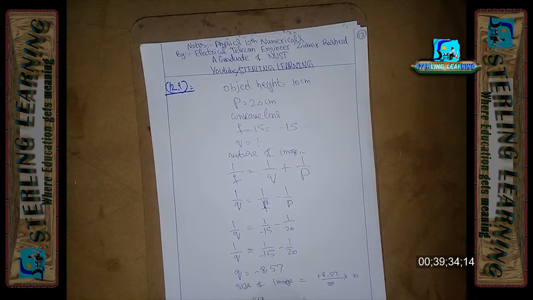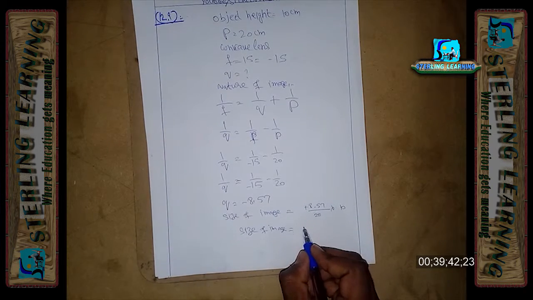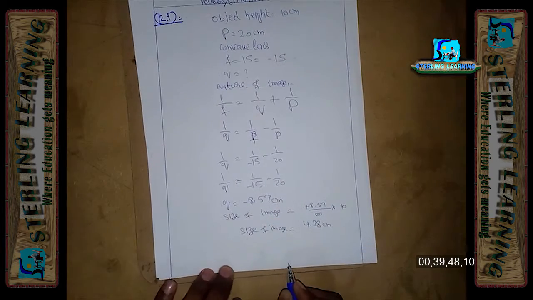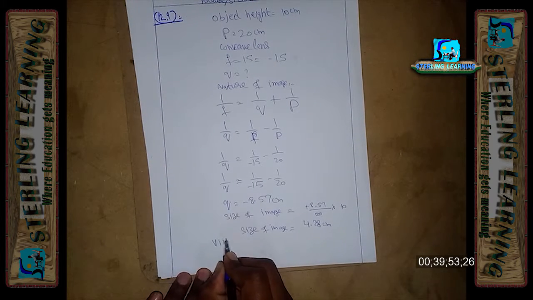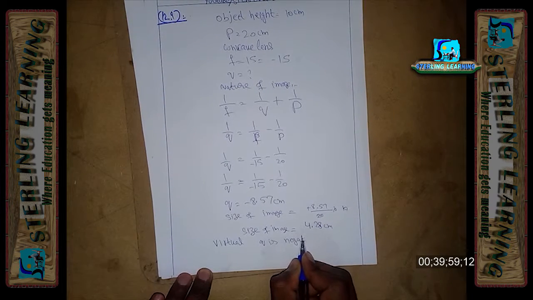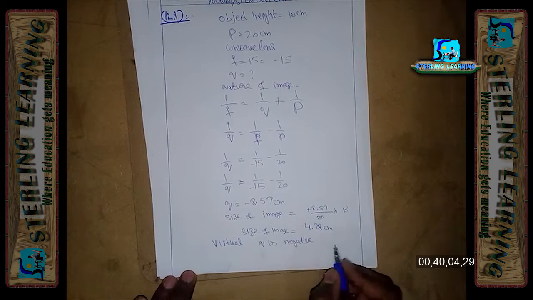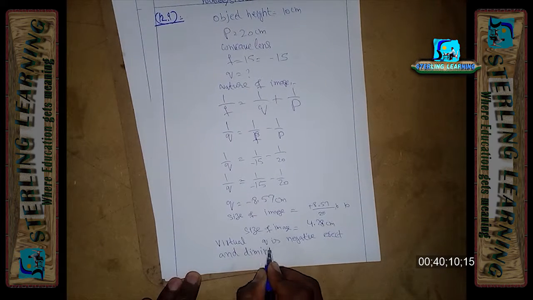We get size of image as 4.28 centimeters. Now it is a virtual image for nature. Why? Because q is negative. Erect also, and diminished, meaning smaller in size.